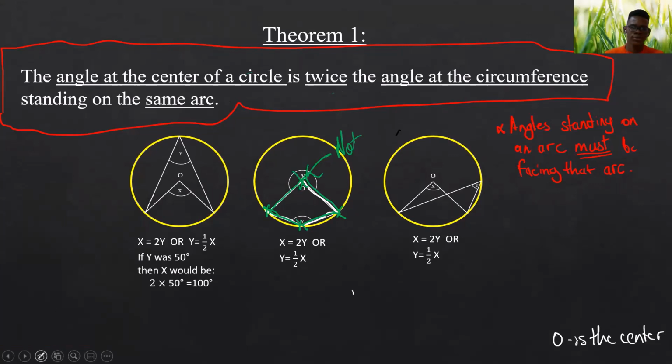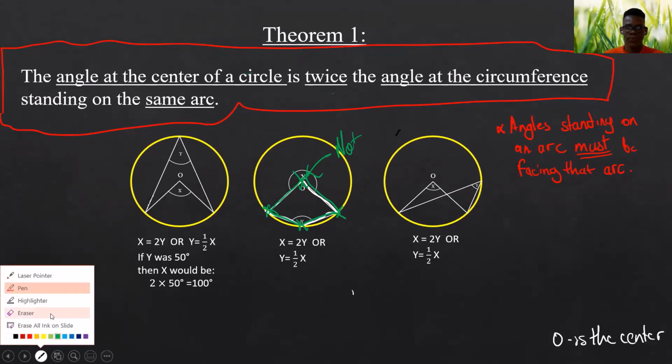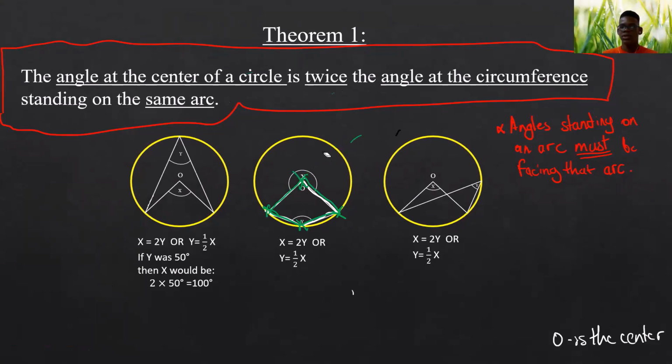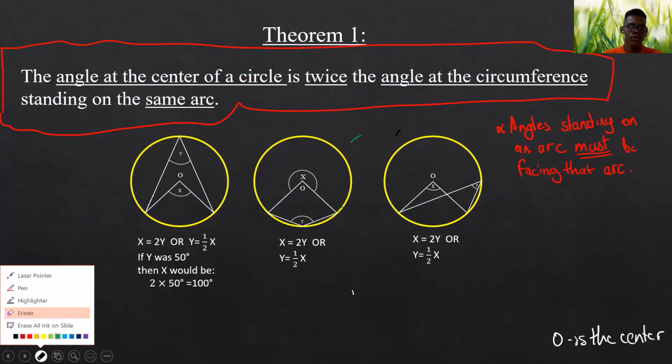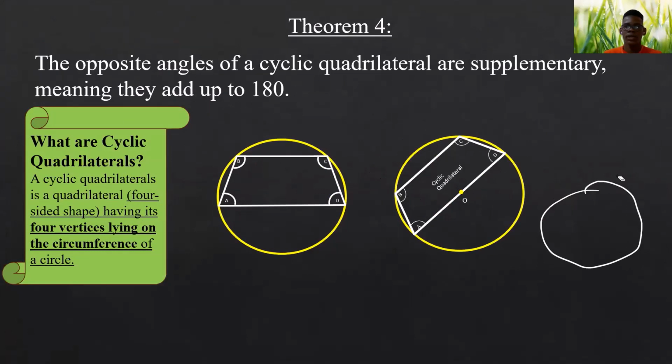So be very careful and check to ensure that all four vertices of what you're calling a cyclic quadrilateral are on the circumference. The definition of a cyclic quadrilateral is a four-sided figure with all its vertices at the circumference of a circle.